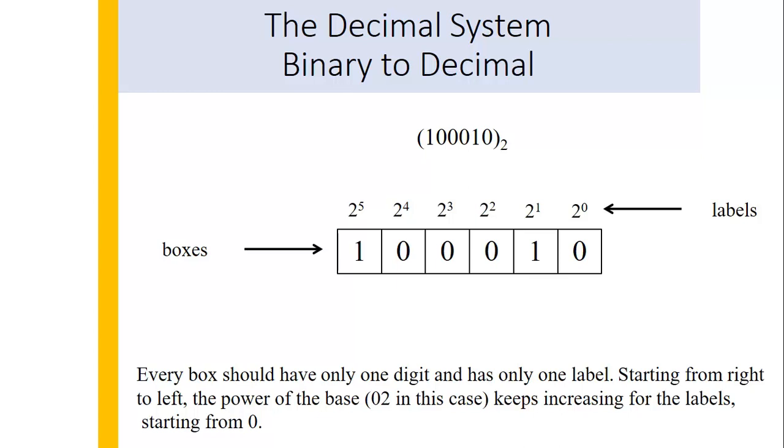Now, to calculate the decimal value of this binary number, we write 1 into 2 to the power 5 plus 0 into 2 to the power 4 plus 0 into 2 to the power 3 plus 0 into 2 to the power 2 plus 1 into 2 to the power 1 plus 0 into 2 to the power 0, right?